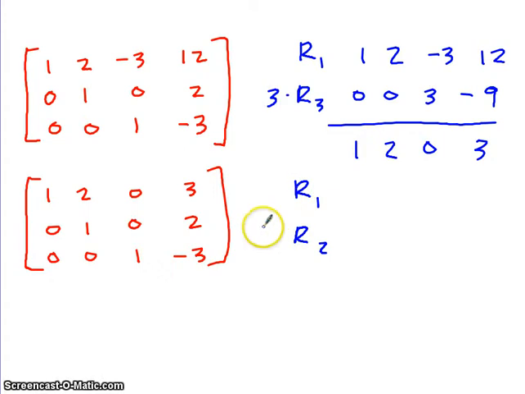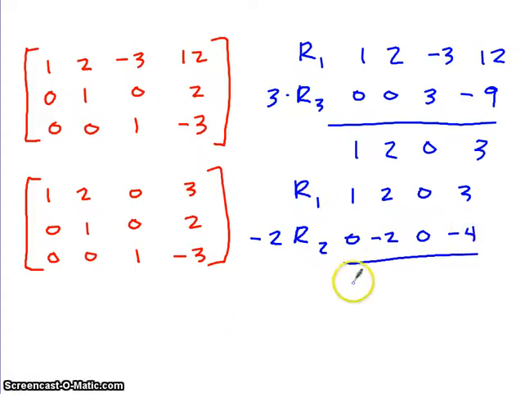So let's multiply row 2 by a negative. And so we have a 1, 2, 0, 3, and then a 0, negative 2, 0, negative 4. We will now add straight down. We have a 1, 0, 0, negative 1, and that gives us our reduced row echelon form.